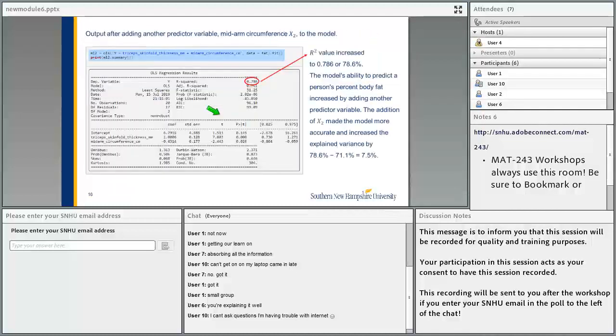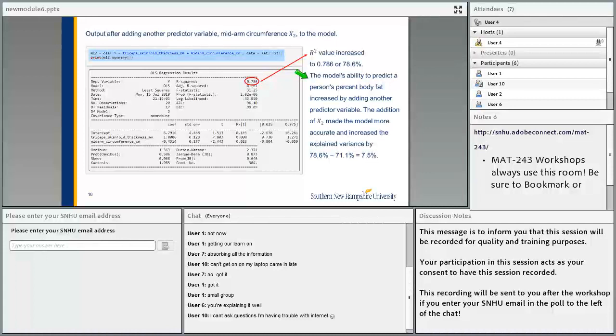So let's see what happens when we increase the number of predictor variables, and we make it 2 now. After adding another predictor variable, which is the mid-arm circumference, x2, the output is here. Again, let's look at the R squared. It's 0.786, or 78.6%. So x1 and x2 combined are able to explain 78.6% of the variance in my Y values.